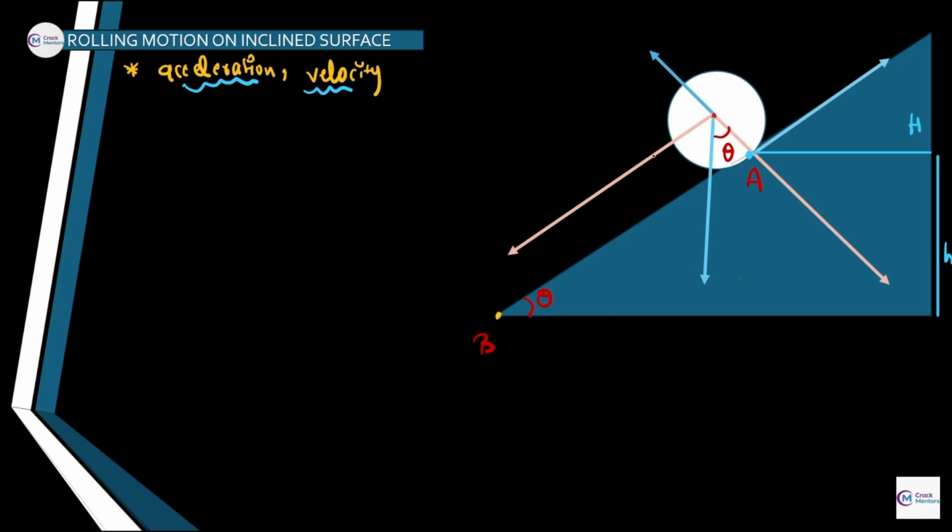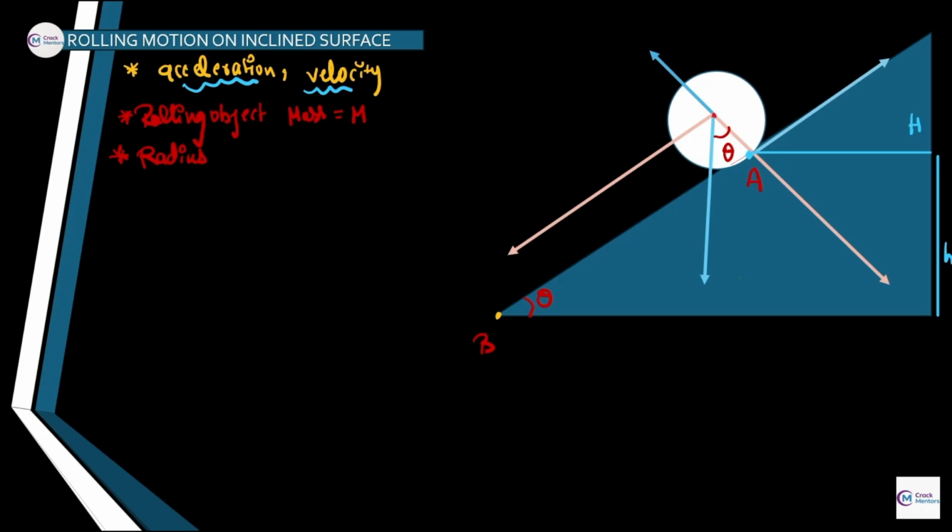Now let us talk about the acceleration of the body. First of all, I am assuming there are some things, but what are those? The rolling object has mass equal to small m or capital M, and the radius of the rolling object is equal to capital R. I am assuming these are some basic things.